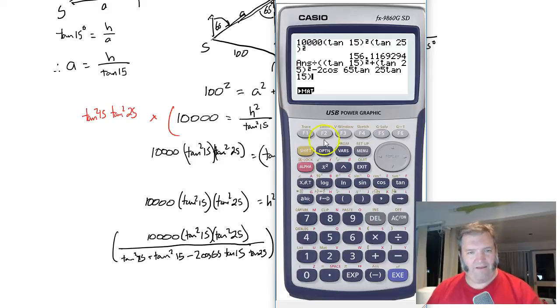Oh, I've got my 25 and 15 backwards again. Doesn't matter. Close that bracket. So that answer's been dividing all of it. 850.17. Now of course that is h squared, isn't it?